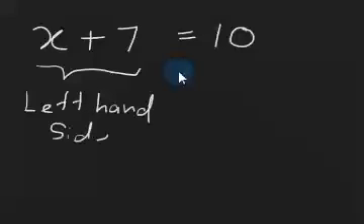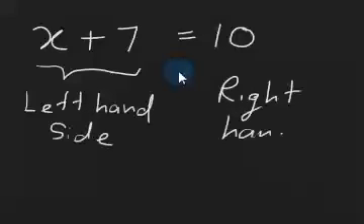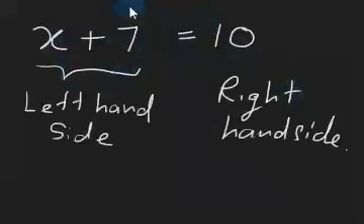Other one, right hand side. So this is the relationship. This left hand side equal right hand side. That means this x plus 7 should be equal to 10. So you have to find the value which satisfies this relationship.